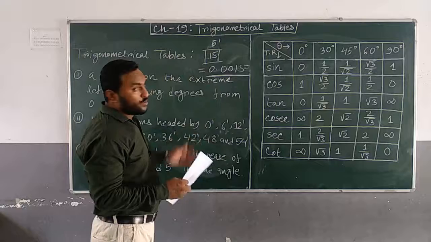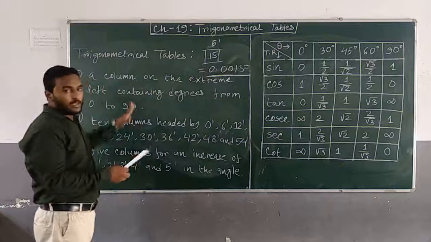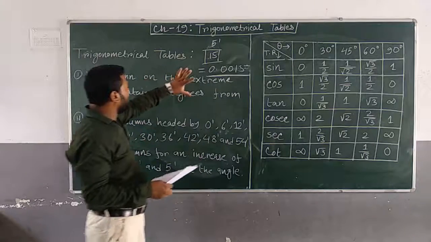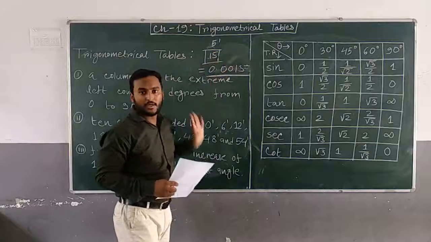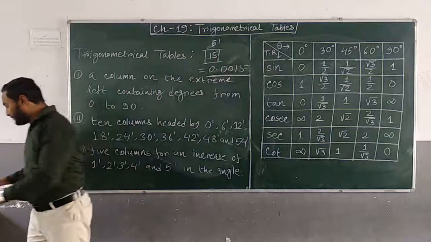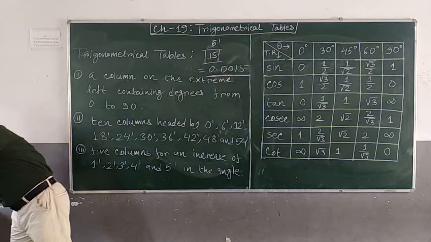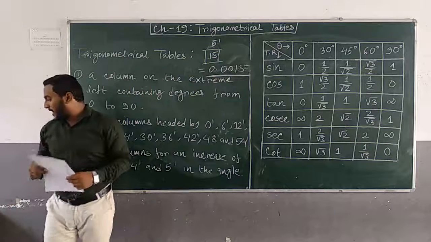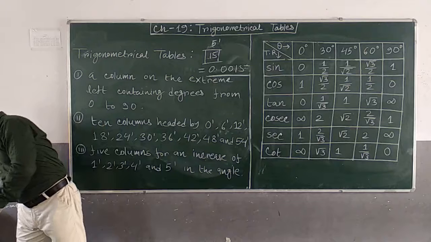Okay. Let us do some examples so that it will be more clear how to find the trigonometric ratios from the trigonometric tables. So let us do some problems. I am taking the first example from your book.